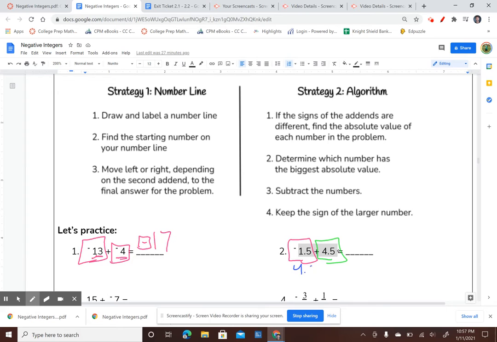So I'm going to do 4.5 minus 1.5. And that's going to give me 3. And now we need to determine if this is going to be a negative 3 or a positive 3. So I'm going to take a look at my 4.5 and my 1.5. Which one's bigger? Well, 4.5 is bigger, and since it's positive, my answer is going to be positive.